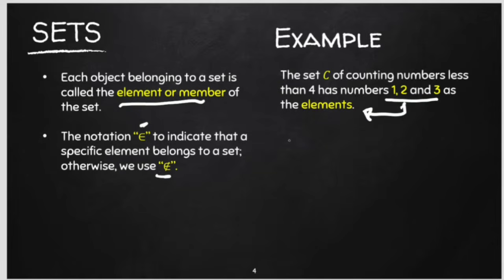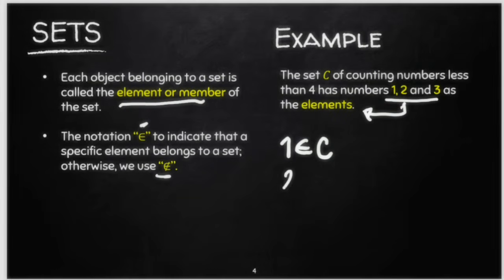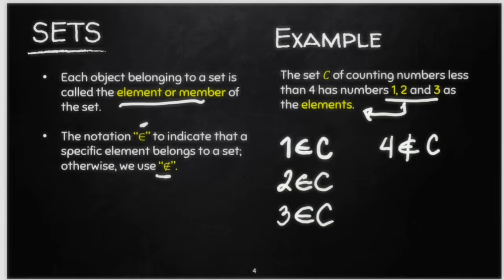So in this case, I could say that 1 is an element of C. I can also say 2 is an element of C, or 3 is an element of C. But 4 is not an element of C because there's no 4 there, or 0 is not an element of C.